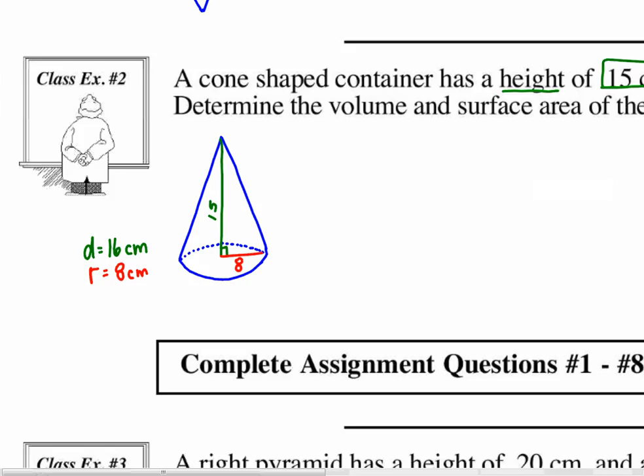So volume is 1/3 pi r squared h, and that's because it's 1/3 the cylinder volume. Do we have everything we know to find volume? Do I know the radius? Do I know the height? Yes, if it's h in the formula, they're talking about vertical height. We know that. So we can go ahead and type it in, find the volume. That's easy.